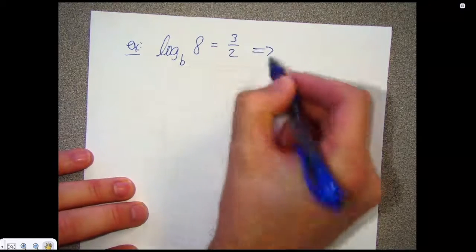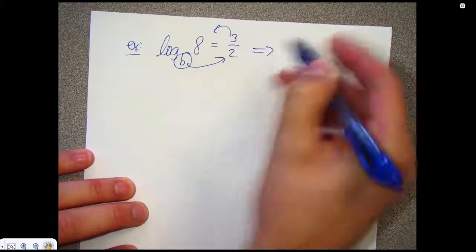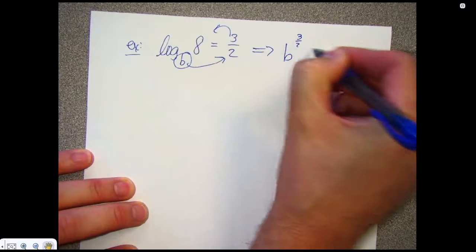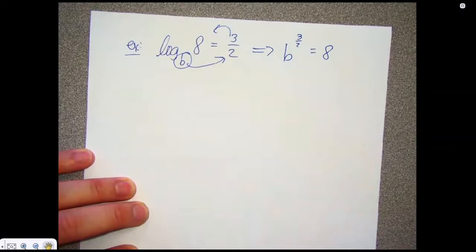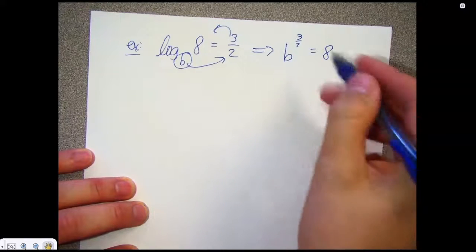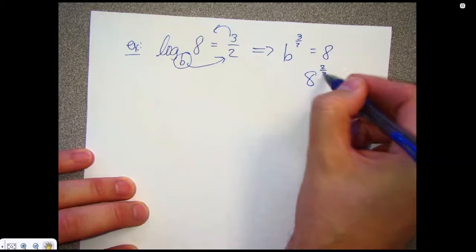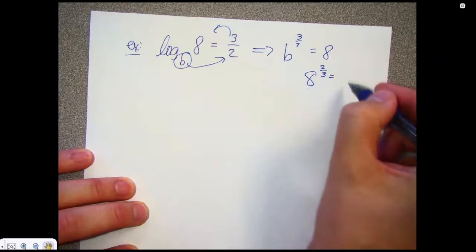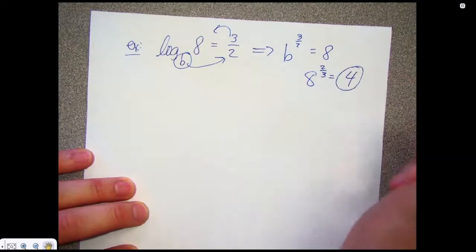So again, if you use your little circle pattern, b to the 3 halves equals 8. Raise both sides to the reciprocal power, and you end up doing 8 to the 2/3. Third root of 8 is 2. 2 squared. How many of you guys have 4? Cool.